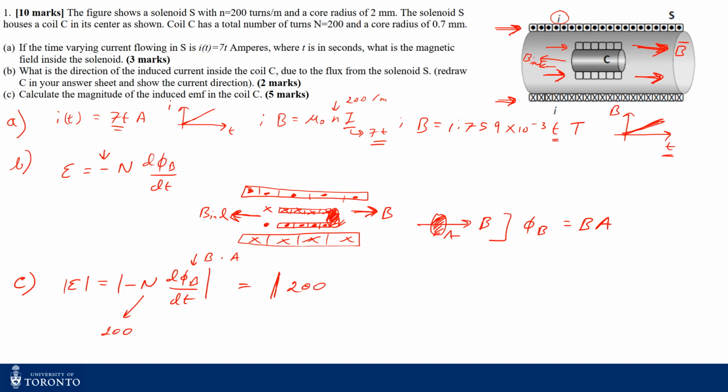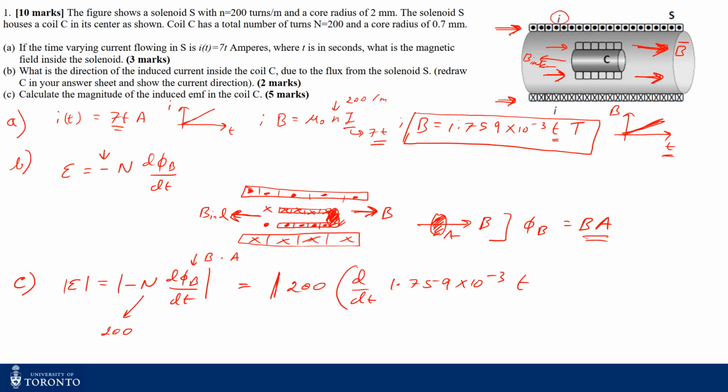We know from here that my magnetic field is a variable of time, so what I could do is just plug in this value into d phi B by dt, which is d by dt of B times A. I'll plug in the magnetic field value, 1.759 times 10 to the power minus 3.